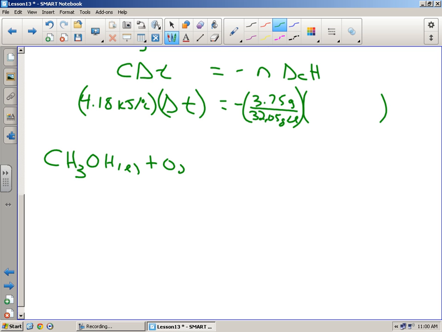Methanol plus oxygen gives me carbon dioxide and water. But it's in a bomb calorimeter, so it has to be liquid water, yes? Okay, that's where this comes into play. I did this last class, but if you try to balance it right now, it's not going to work out.